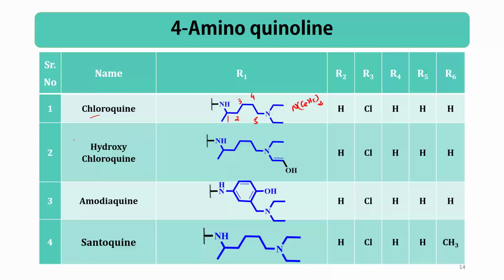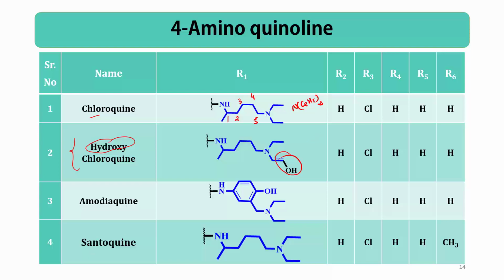Another is hydroxychloroquine. The name itself suggests it has a hydroxy group at the side chain, or R1 position. Here the whole structure is the same as chloroquine, but with the addition of an OH group on the NC2H5 side chain. The rest of the functional groups R2, R3, R4, R5 and R6 remain the same.